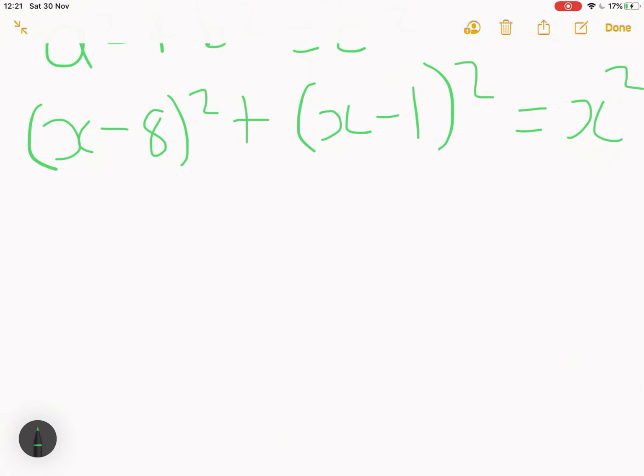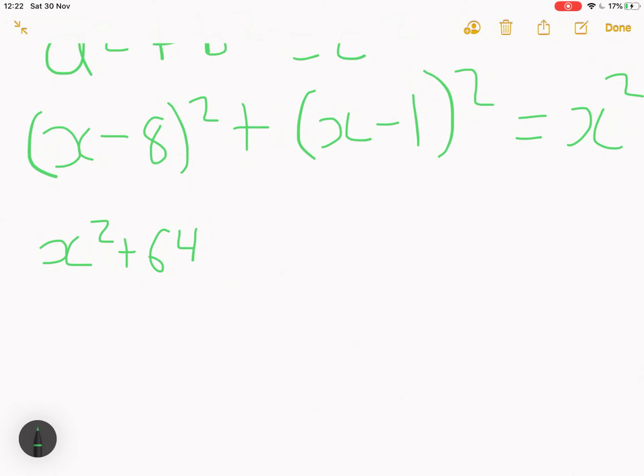So we have x squared plus 64, because minus 8 times minus 8 is plus 64, minus 16x. And then plus our same ones, x squared plus 1, minus 2x, which equals x squared.